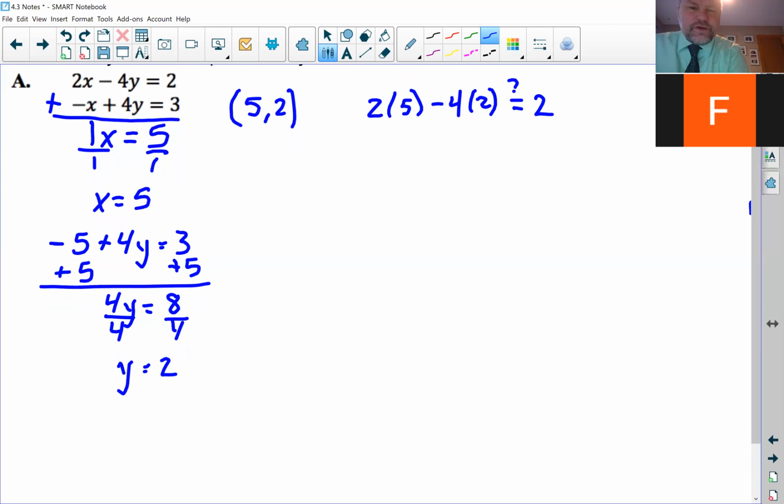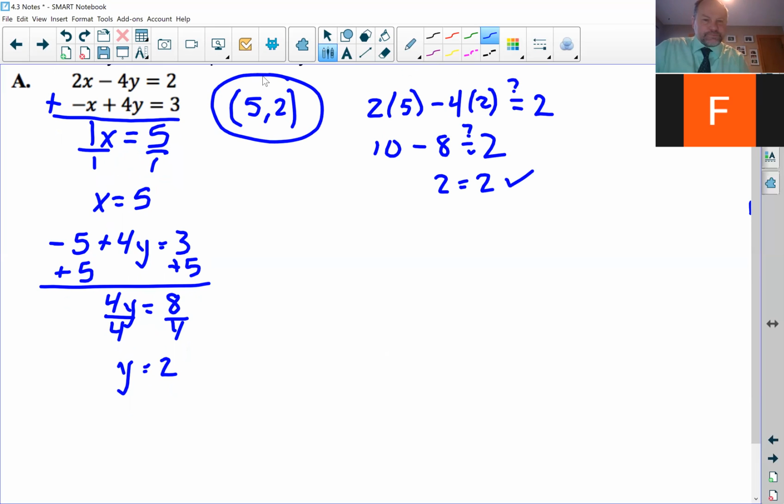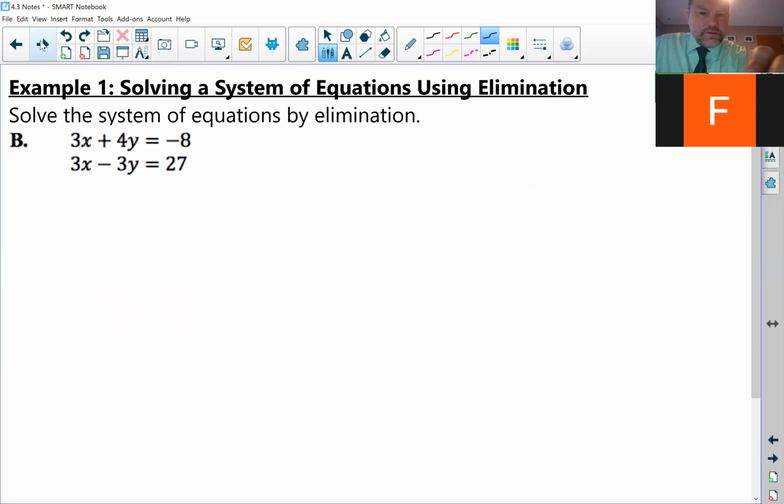And if I simplify, I get 10 minus 8 is equal to 2. 2 equals 2, which is true. That is a good solution. Next example.